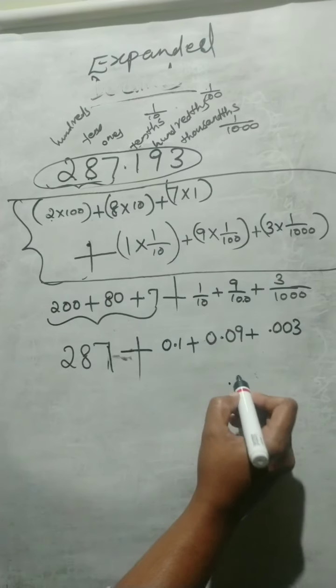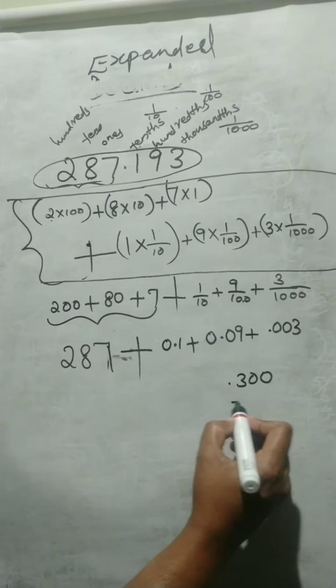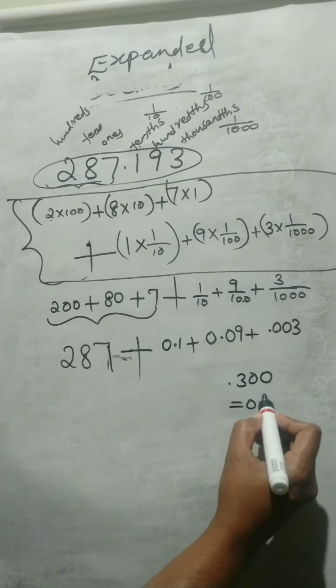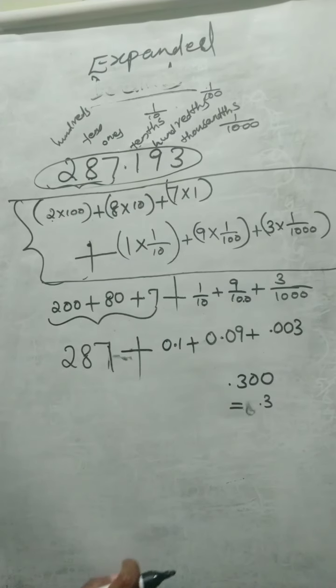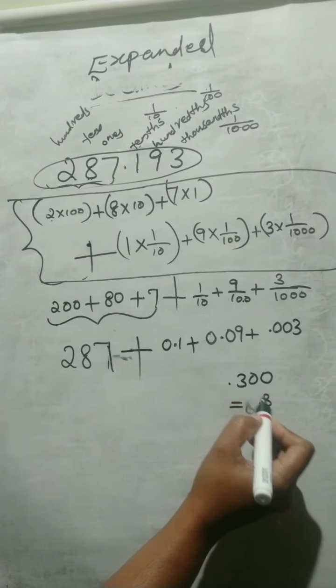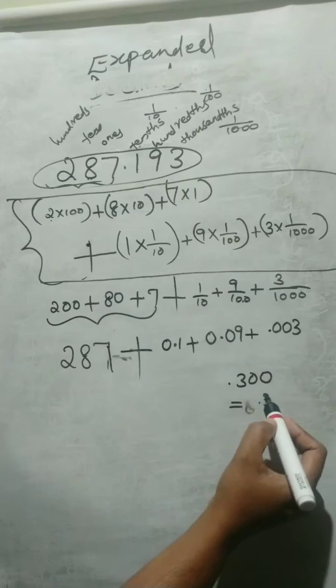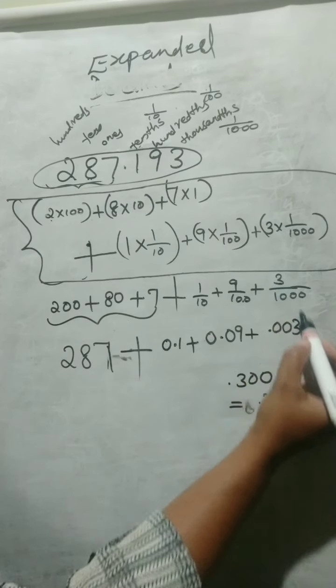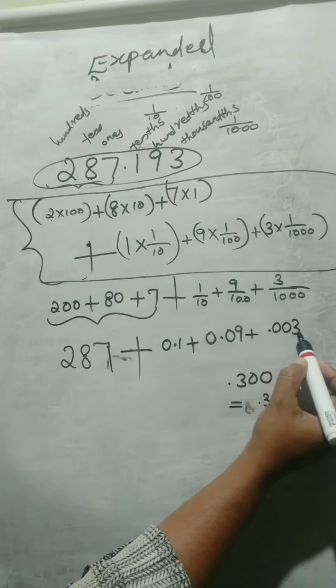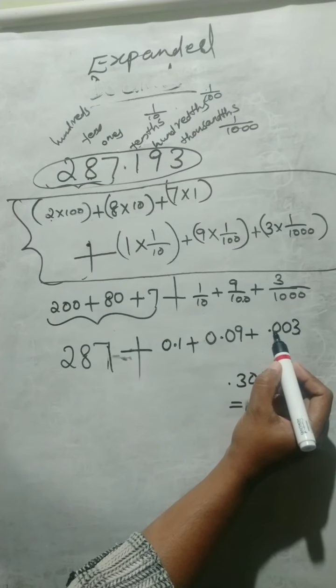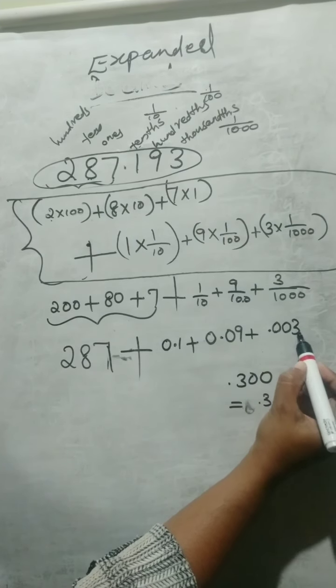Think about it: if it is 300, the value will be 0.3 itself. But in this case, it will be in another way. This 3 should be in the thousandths place. Here are ones, tens, hundreds, thousands.